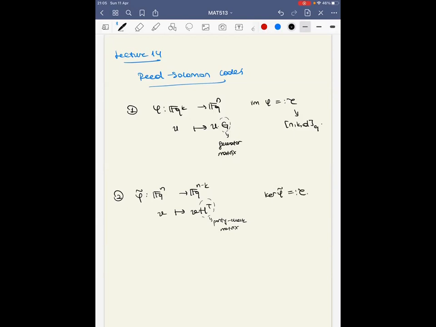So that means often we will be interested in the first encoding part instead of decoding in algebraic coding theory.